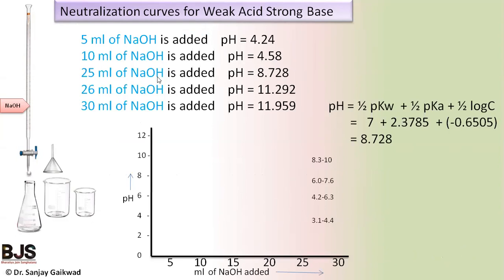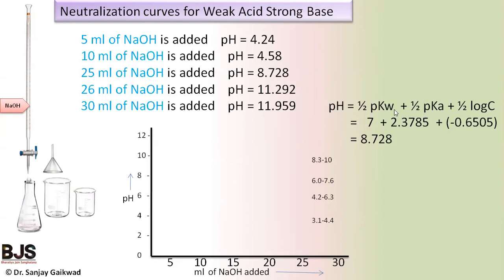25 ml of 0.1 normal NaOH solution from the burette to the 25 ml of acetic acid solution, then we observe that the pH of the solution is not 7, but a higher pH, equal to 8.728.